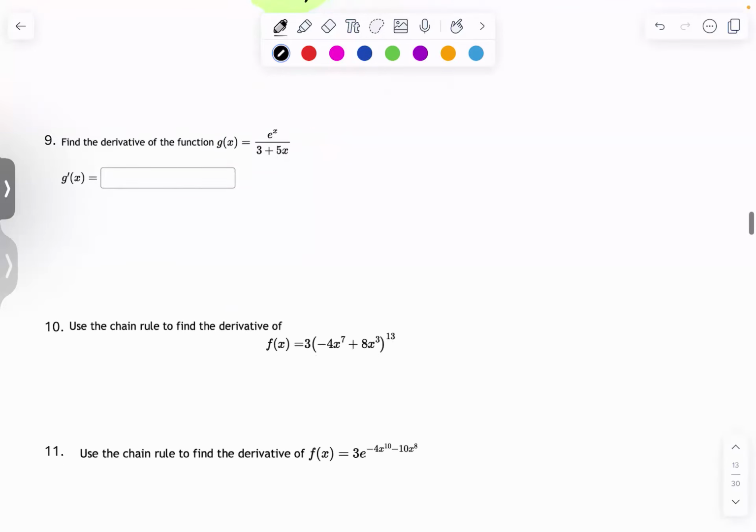All right, number 9. Looks like we have quotient rule again. All right, so derivative of e to the x is just e to the x. That's easy. Times the denominator. Minus derivative e to the x times the derivative of the denominator, which is just 5.